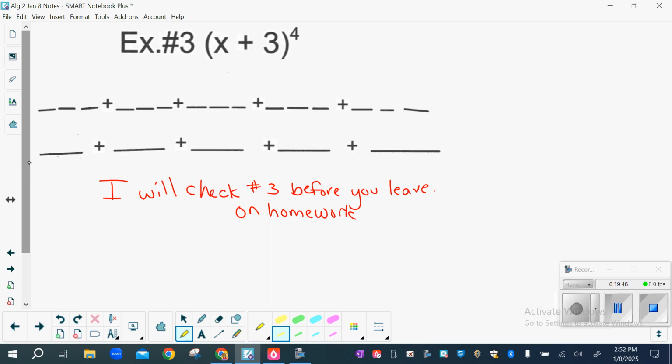Find what 3 to the 4th is again. Okay. It's not moving forward. Okay. Just use the calculator. Other than that, looks good.